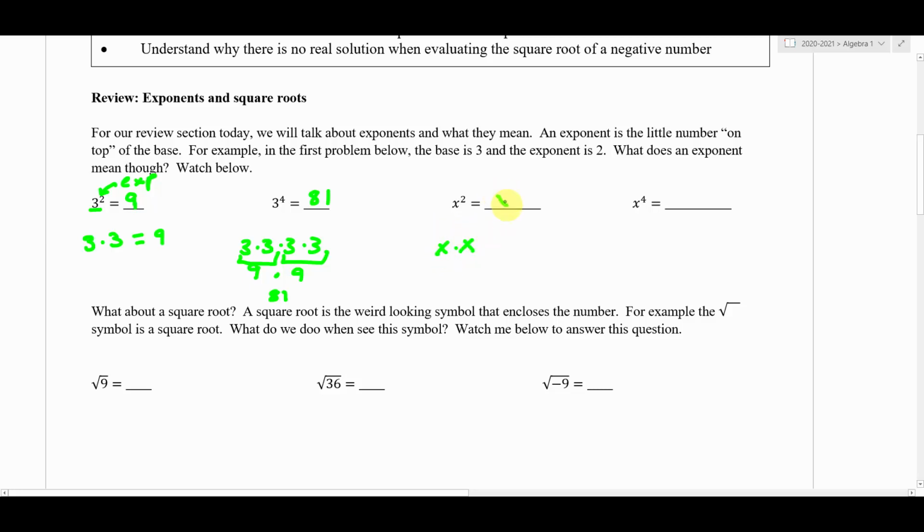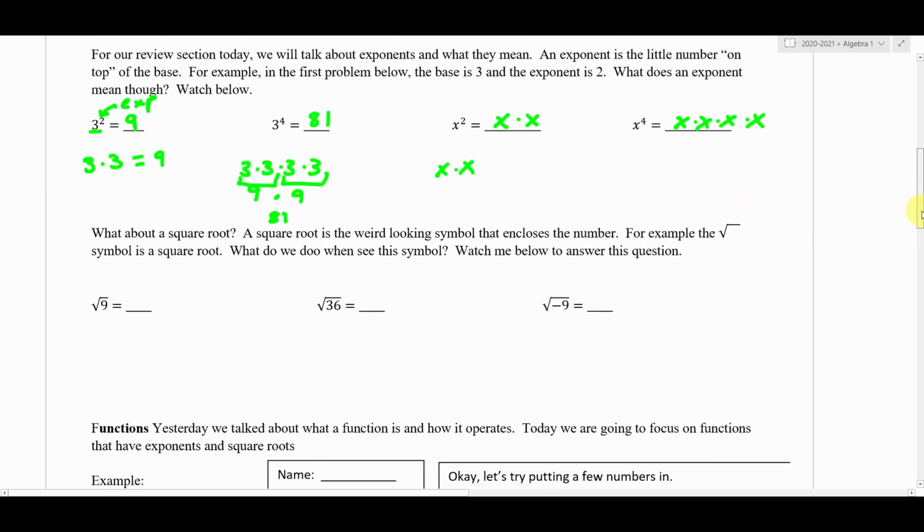X squared simply means x times x. I can't simplify that because I don't know what x is, so I just break it down into its multiplication form. Same thing here: x to the 4th simply means x times x times x times x, 4 times. So that's what exponents mean.